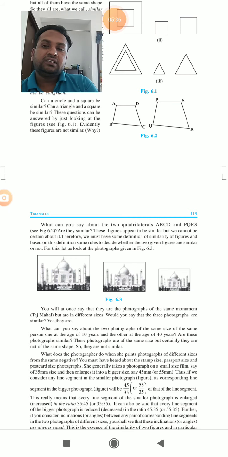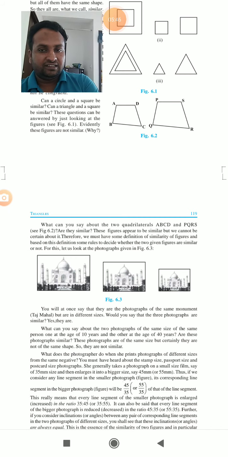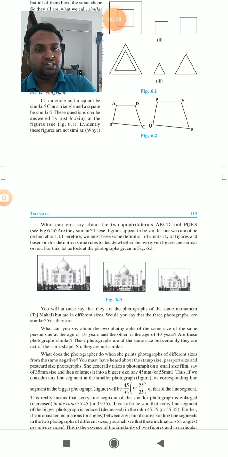If they get photos for their passports, see here, passport size photos are equal, even for the small child and even for the elder. Both have the same passport size, but both ages are different. One is a child of 10 years old, but the elder person is 40 years old. So ages are different, but passport size photos will be the same.